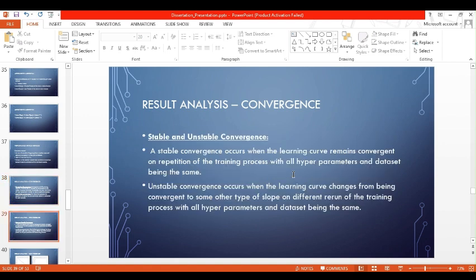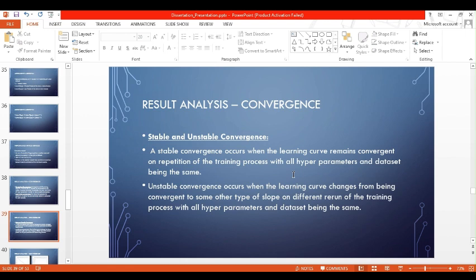Also, in my findings, I discovered that there is this staging between stable and unstable convergence in Q-learning. While doing this experiment, I discovered that in my Q-learning, if I reduce the value of the epsilon, my convergence would start tilting from converging to becoming a diagonal straight line.